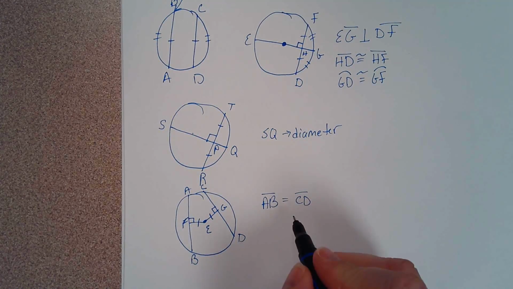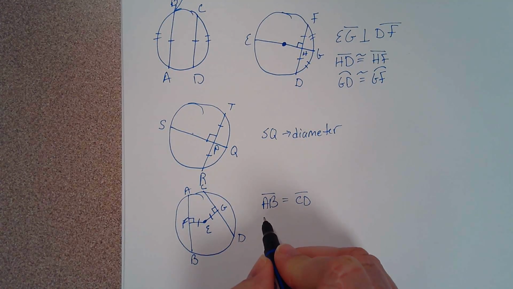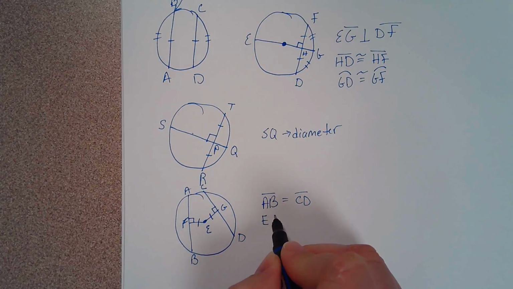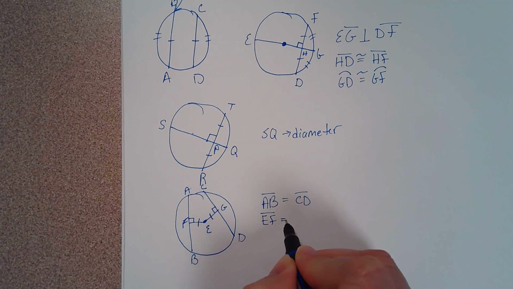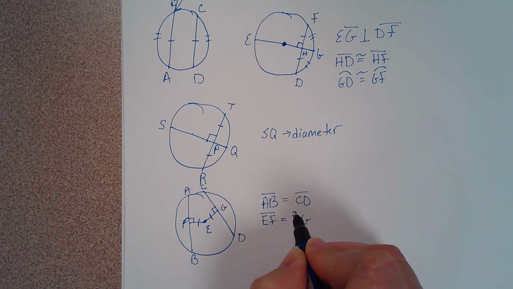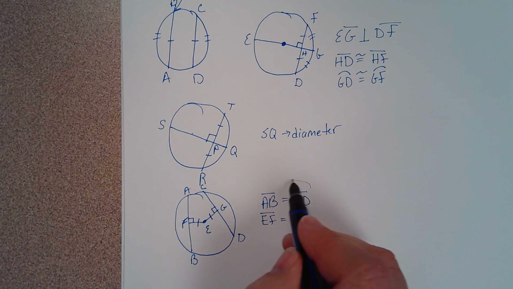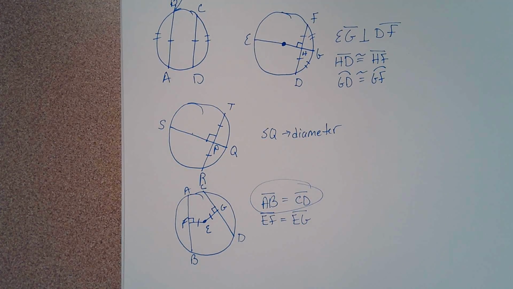So if they are the same, then we can conclusively say that EF is congruent to EG because of this first statement. And once again, remember, they have to make 90-degree angles. If they're not making 90-degree angles, then they are not a bisector, which means the equidistance is not going to work here.